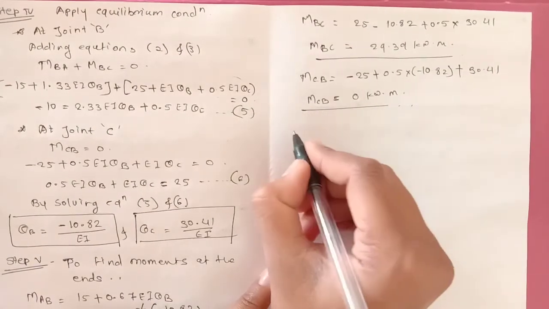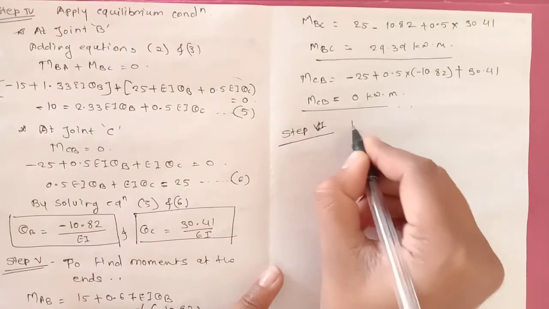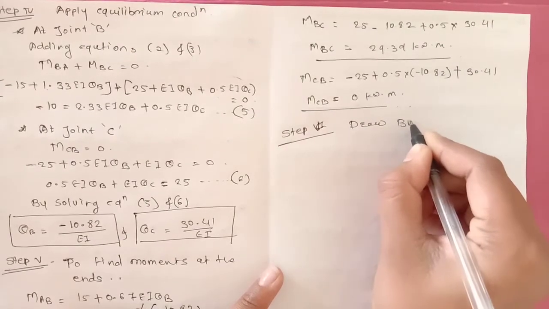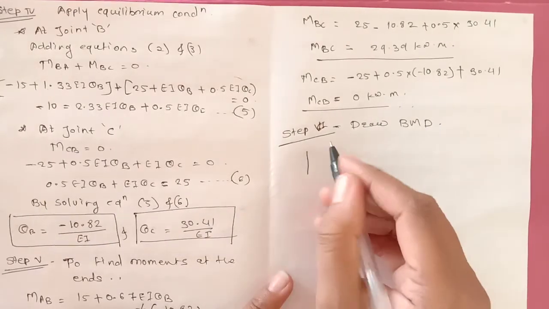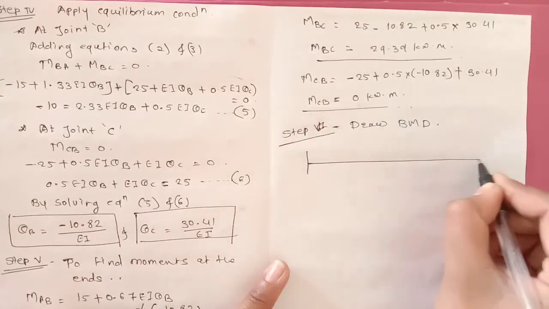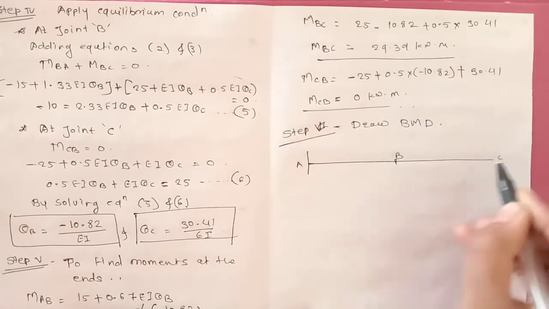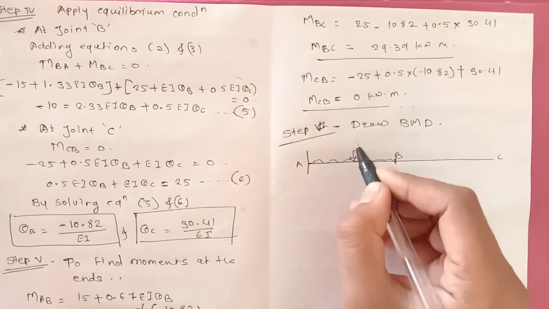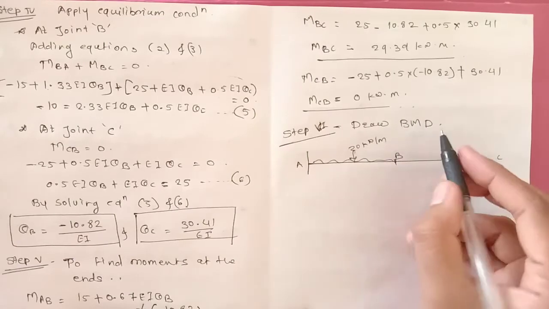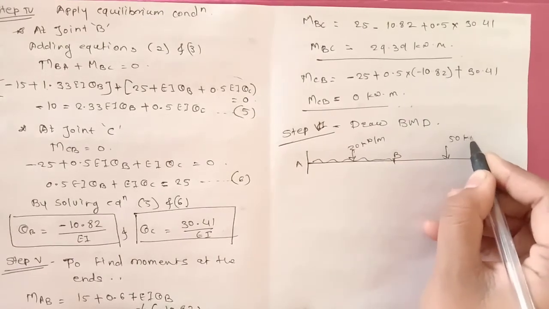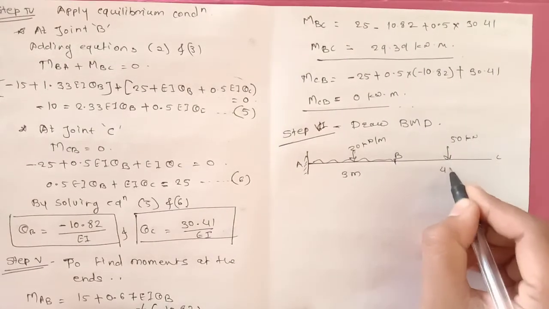So first, step number 6: draw the bending moment diagram. Before that, draw the given diagram with A, B and C. Here is 20 kilonewton per meter UDL, and here a 50 kilonewton point load. Its span is 3 meter and the total span is 4 meter.